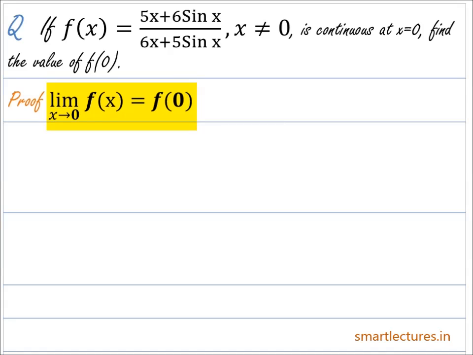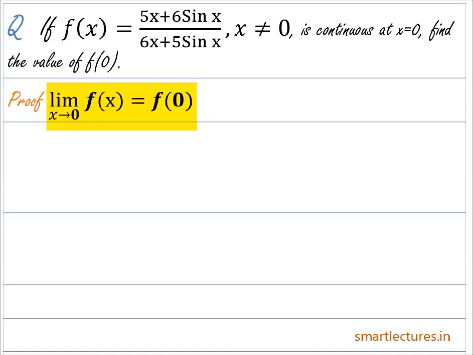And now when x approaches 0, that means x is very close to 0. You can say either slightly greater than 0 or slightly less than 0, but it is not equal to 0.